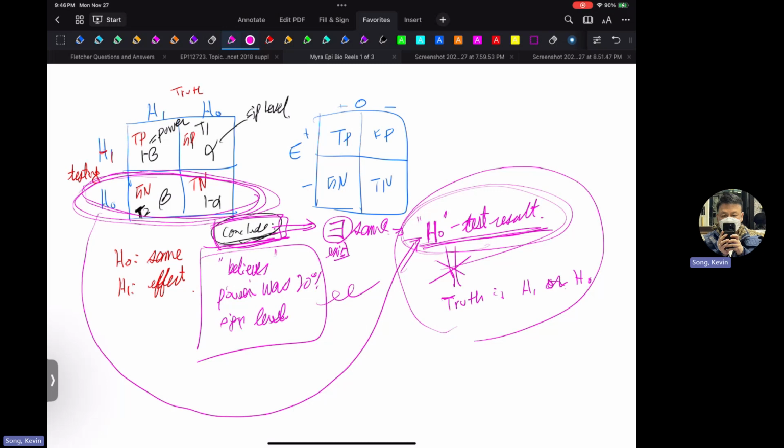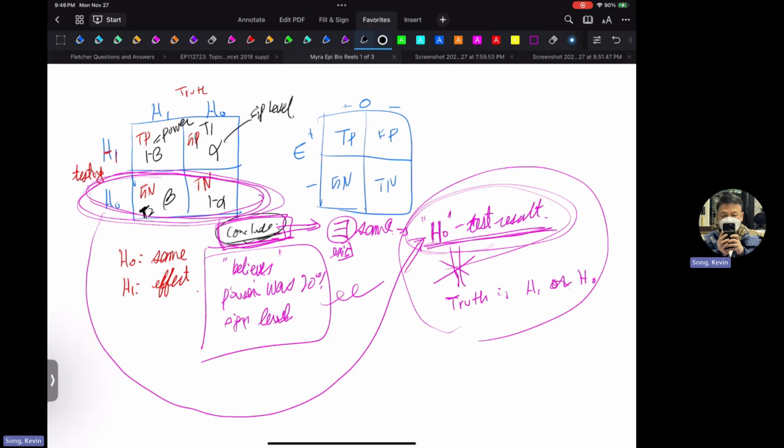The way you find out is in the question stem. The question stem says when H1 is true, or when in fact there is an effect, or there is no difference.